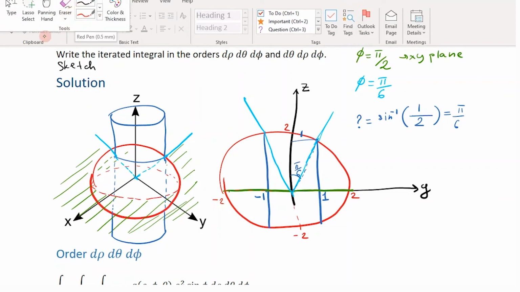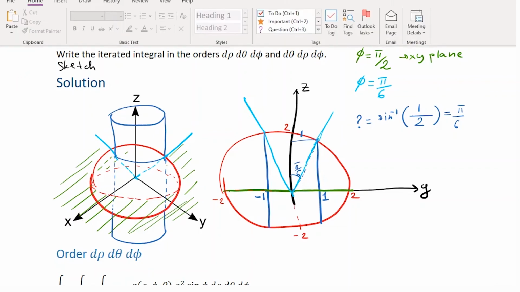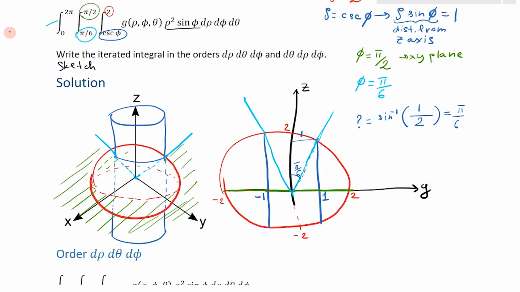It's kind of like you have a cake, and it's cutting out a chunk of the cake. But because it's going all the way from 0 to 2 pi, you end up just taking the whole cake. So you don't need to worry about these guys.